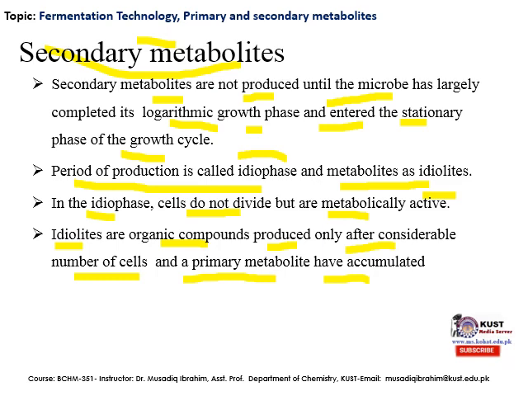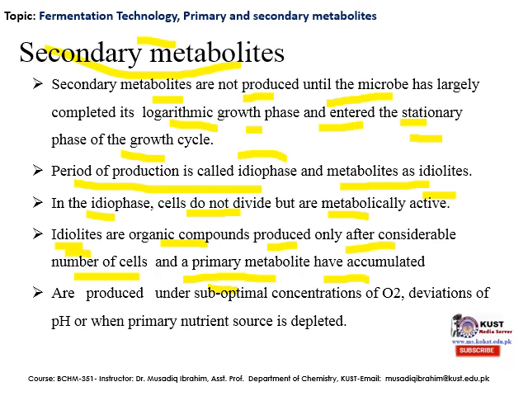So it means that when the microbial cell growth reaches the stationary phase, and there are the maximum number of microbial cells along with the maximum number of primary metabolites present within the media, then the idiolytes or secondary metabolites start to be produced.